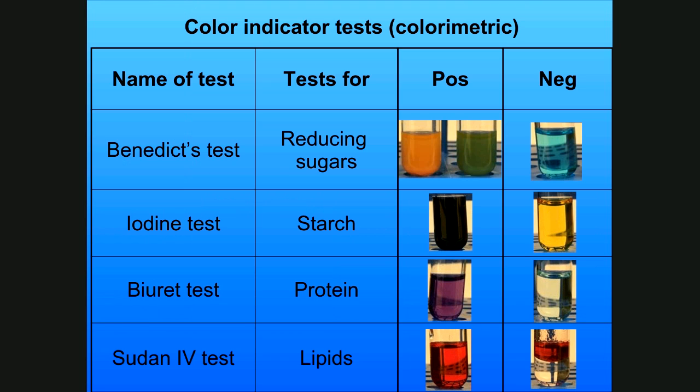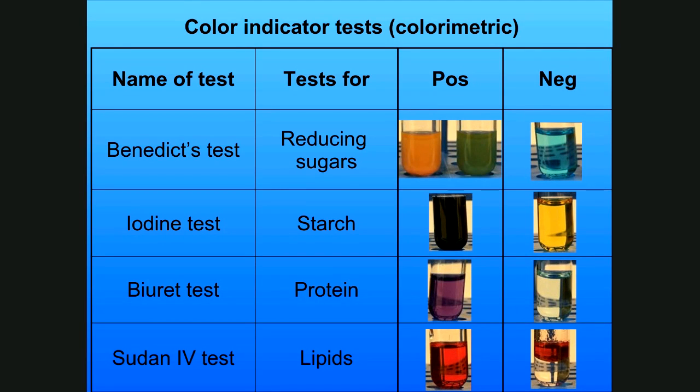So to remind you again what these tests test for and what they look like, the Benedict's test tests for reducing sugars. Your positive results are going to be green or orange, with green being less sugar than the orange. Your negative result is going to be a light blue color, which is how it starts out. The iodine test, the negative control is going to look kind of yellowish because that's the color of iodine.